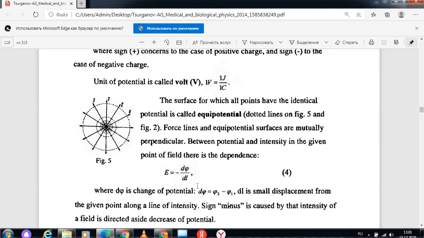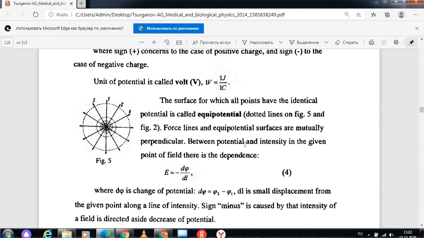So we introduce the distribution and dependence of potential and intensity at the given point of the field, like the derivative of the potential of the electric field through the space. Yes, so something like the small displacement from the given point along a line of intensity.